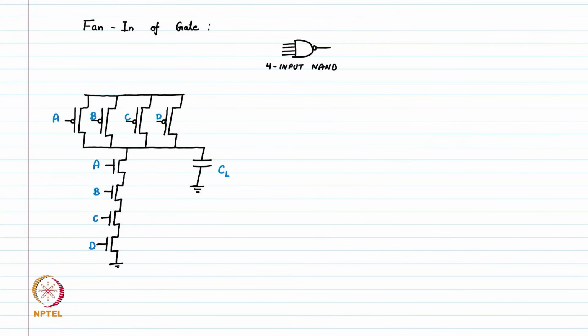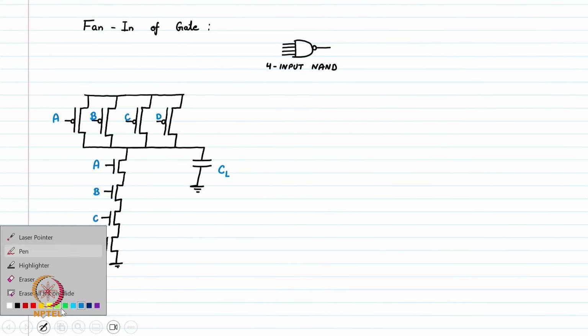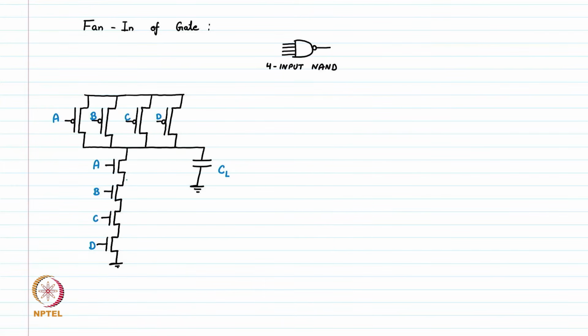Now, if we see this carefully, this A and B are connected through a metal line, and that offers a local, small value of capacitance, which we can call internal parasitic capacitance. Let's call this capacitance C3. Similarly, we have one capacitance here which is C2, and at this node also we have a capacitance which is C1.